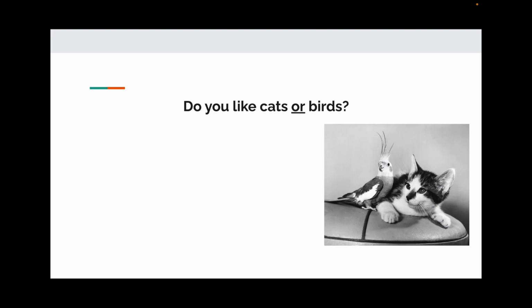Here we have a question with two options to choose from, and we have or underlined, and so that's important to keep in mind when trying to choose the correct answer or answers for this question. Do you like cats or birds? Yes, I like cats and birds.